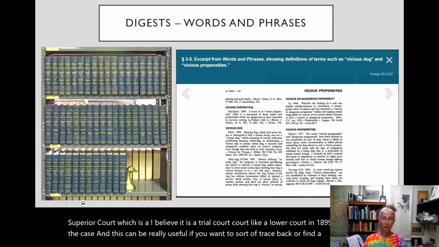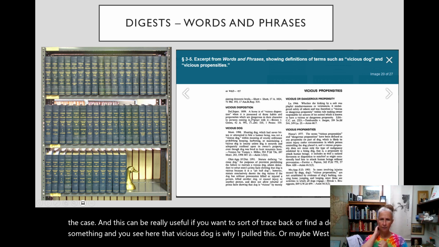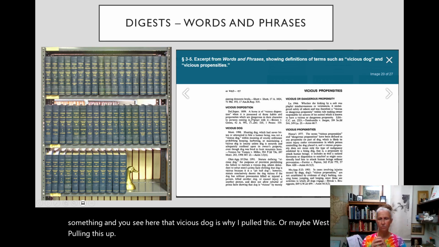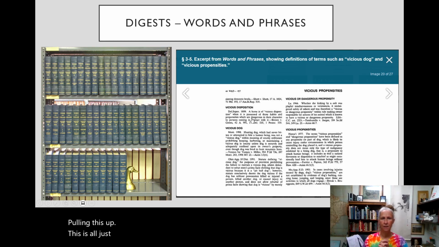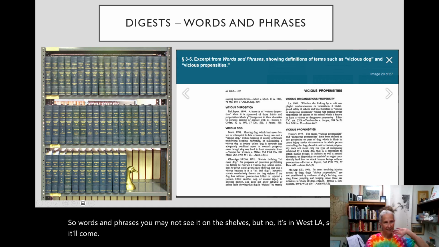of something. And you see here, vicious dog, that's why I pulled this, or maybe West was pulling this. This is all just West content. So words and phrases, you may not see it on the shelves, but it's in Westlaw. Sometimes it's kind of helping you.